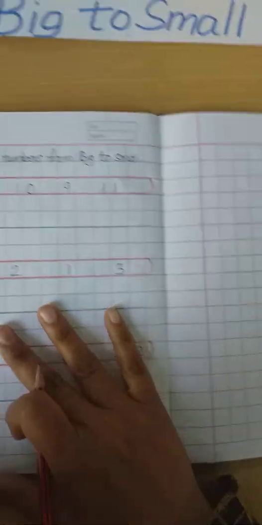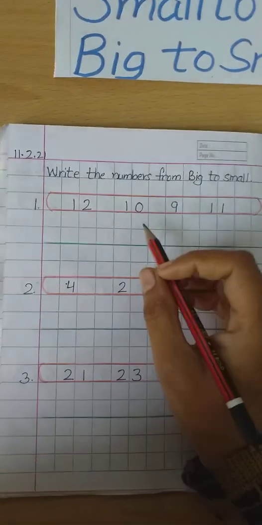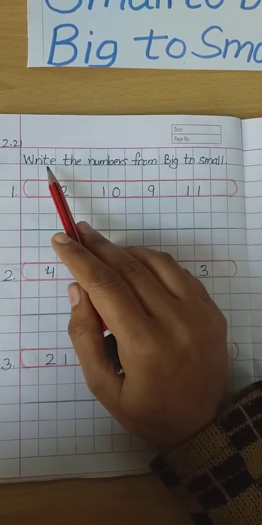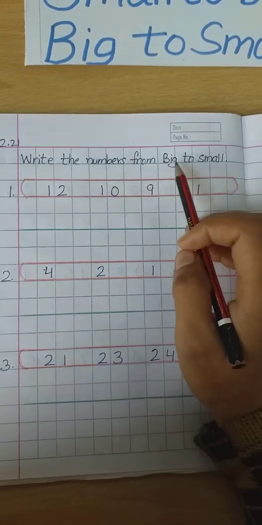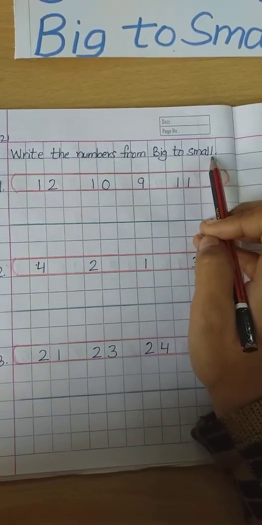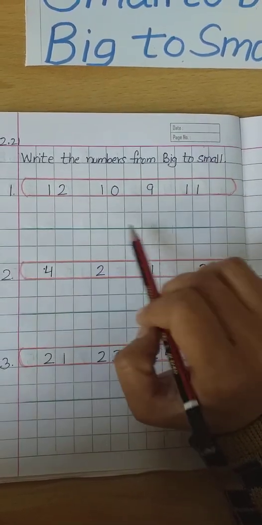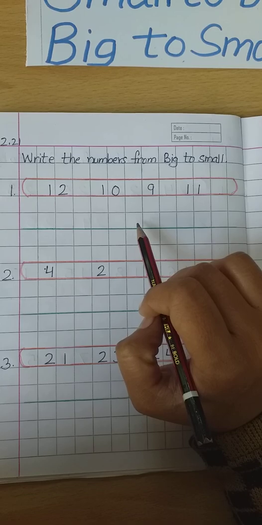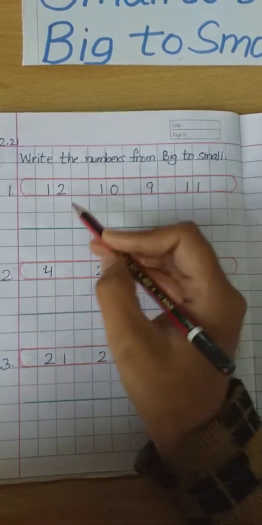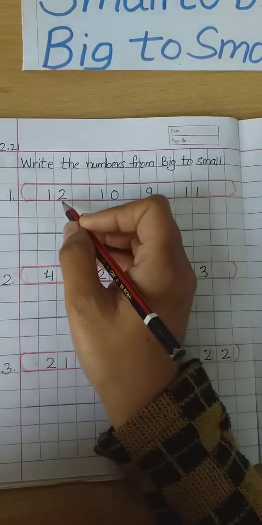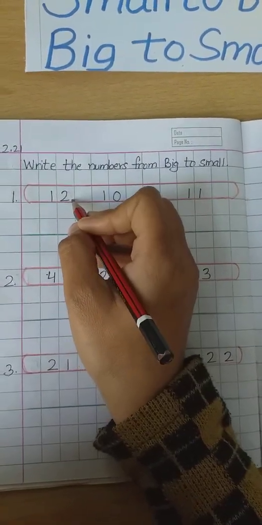Okay, now next, here we have some numbers and you have to write the numbers from big to small. Okay, यहाँ पर आपको big to small numbers आपको arrange करने हैं. You have to arrange the numbers in big to small. Okay, so which is the biggest number? Tell me.